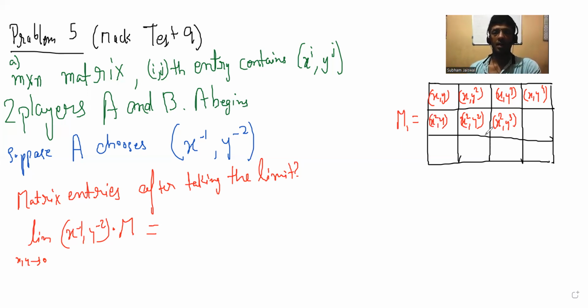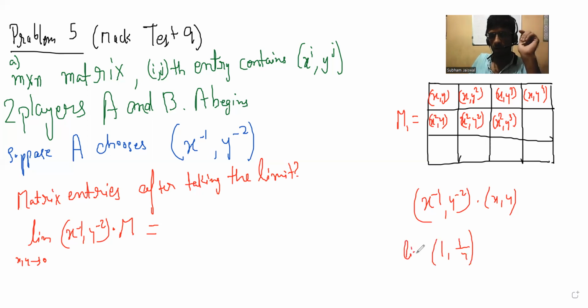That's right, 0 comma infinity. If you multiply this with x comma y component-wise, then it becomes, no, it's not 0 comma infinity, it's 1, and then when you take the limit, it becomes 1 comma infinity. But there is a rule that the entries that become 0, you make them 0, and the rest of the entries you don't change.